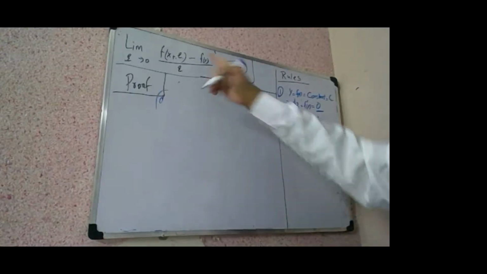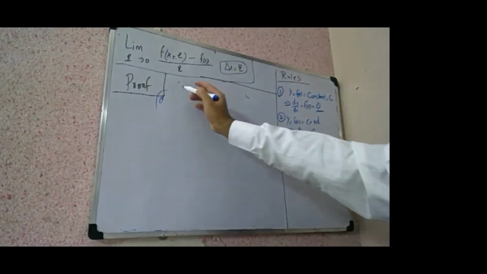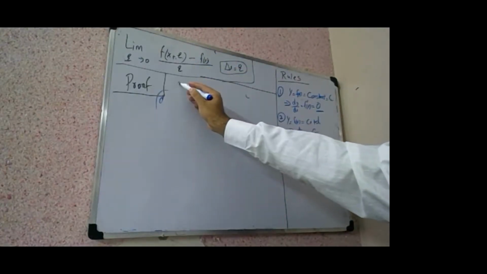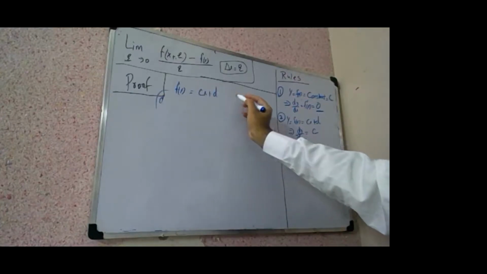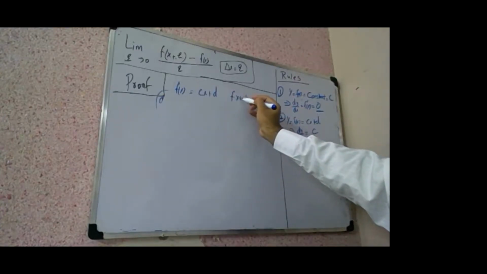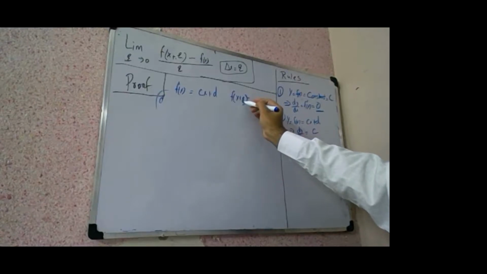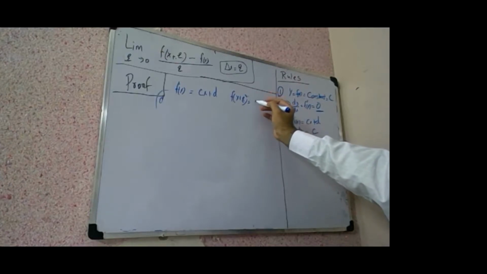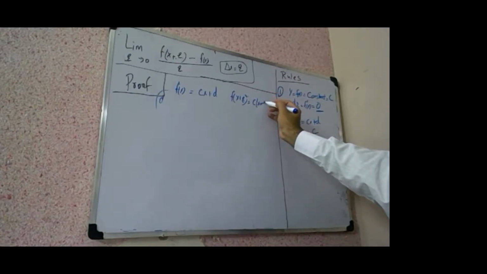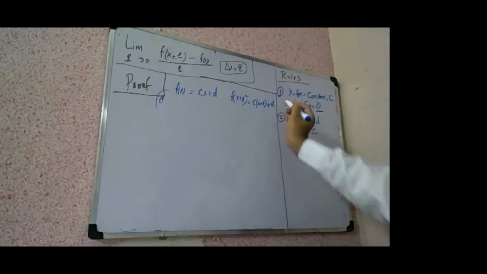Let's see. Same formula, same rule. You have function of x, cx plus d. So what will be the function of x plus epsilon? It will be c times x plus epsilon plus d, right?